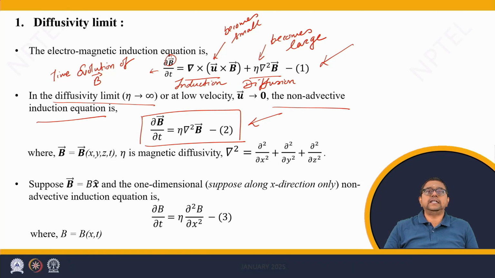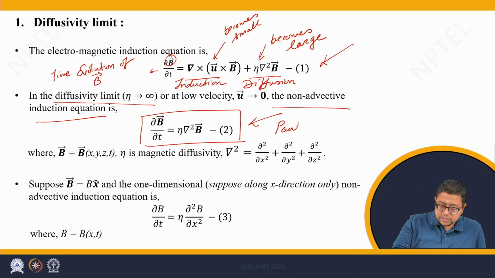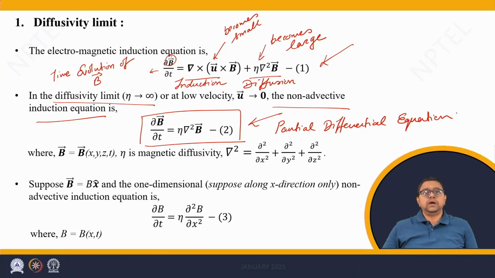We can see that this is a partial differential equation. Here B is a function of x, y, z spatial coordinates in Cartesian system and t is the time. Thus, in Cartesian system, the Laplacian is given by this expression.